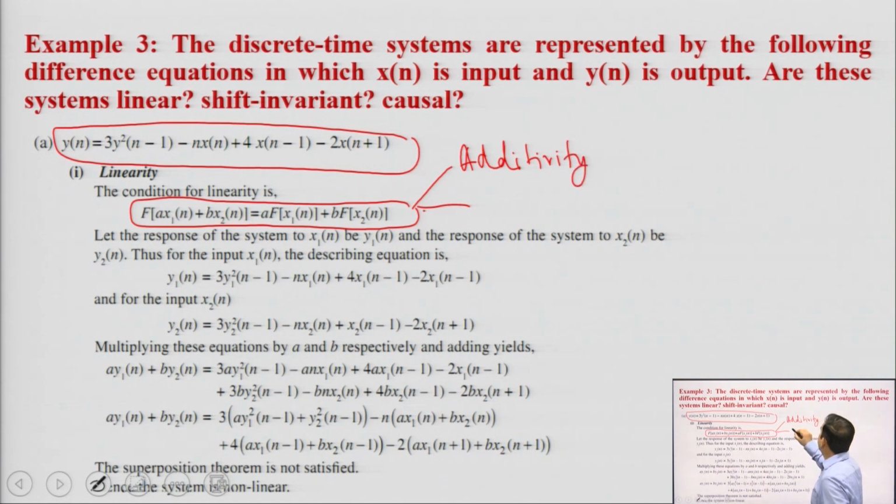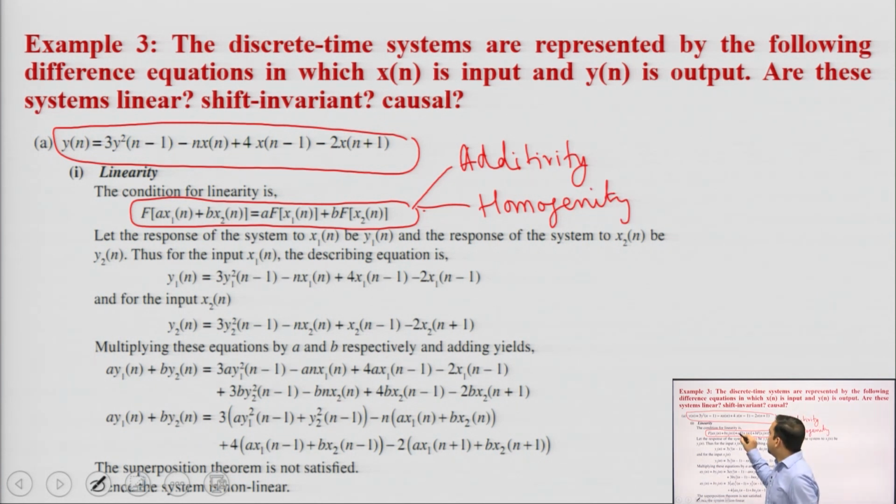Homogeneity, we are aware, is multiplying by factors a and b, and additivity means after multiplying by a and b, we perform the addition. So, we are going to check this particular condition for linearity.